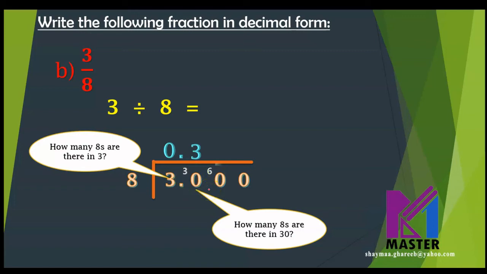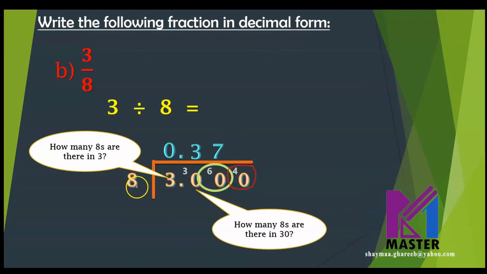Now I have number 60. How many 8's are there in the 60? There are 7 8's in the 60. 7 times 8 equals 56, which means a remainder of 4. Now I have number 40.